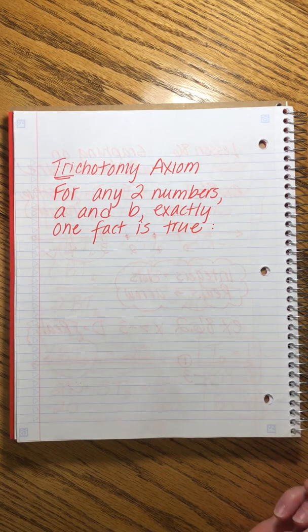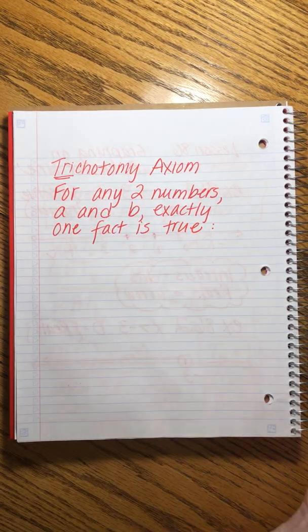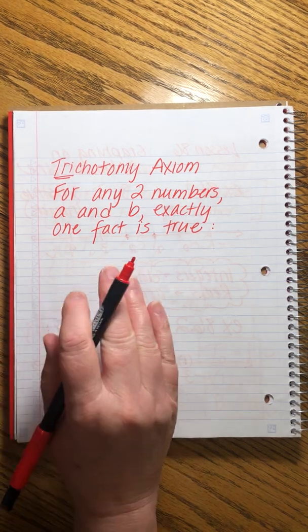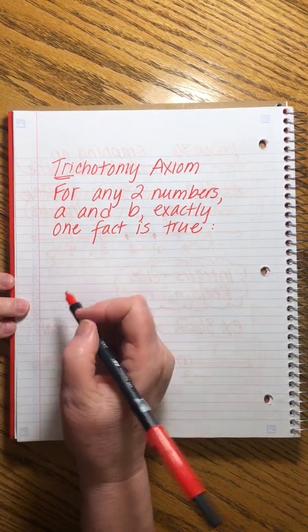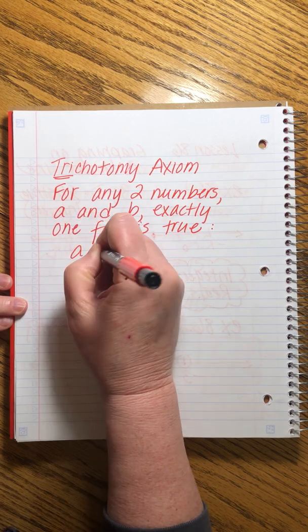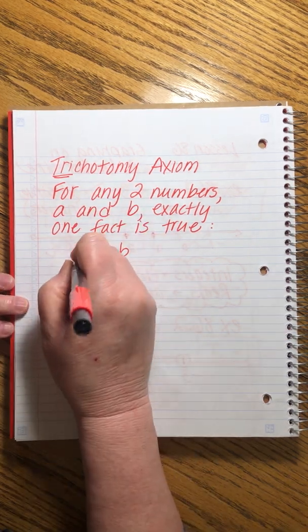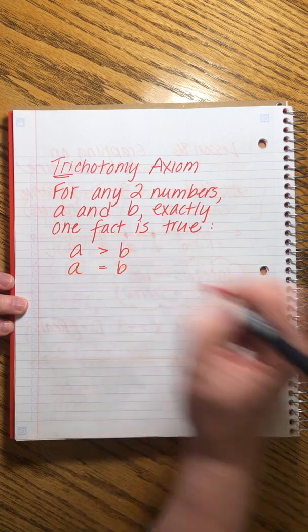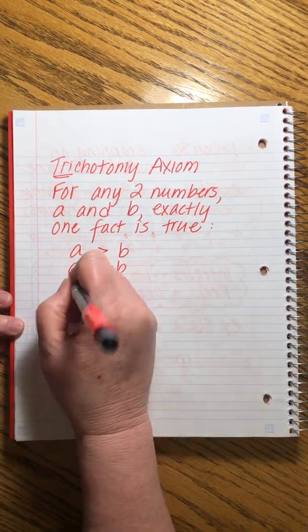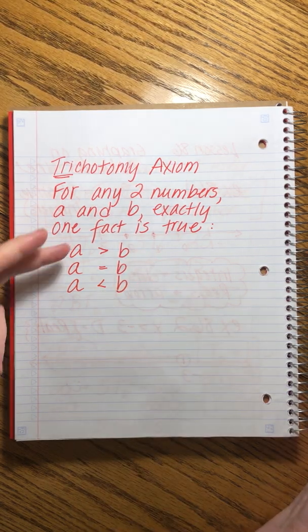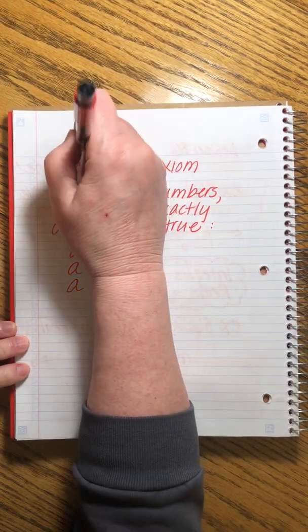Okay? For any two numbers, we're going to just call them A and B for these purposes, exactly one statement is true. Either A is greater than B, A is equal to B, or A is less than B. Only one can be true.